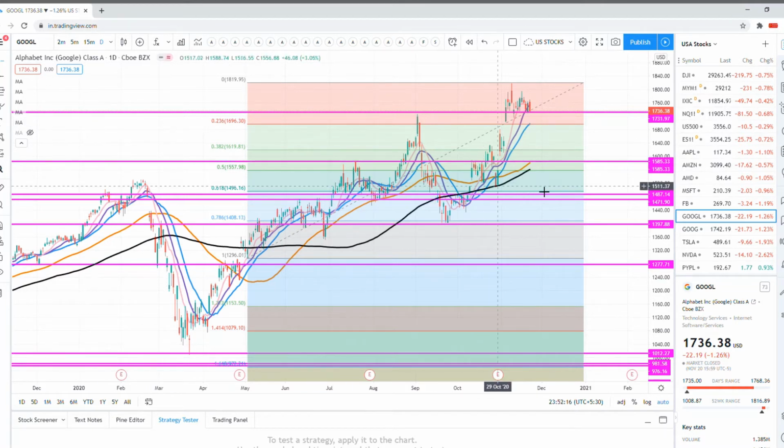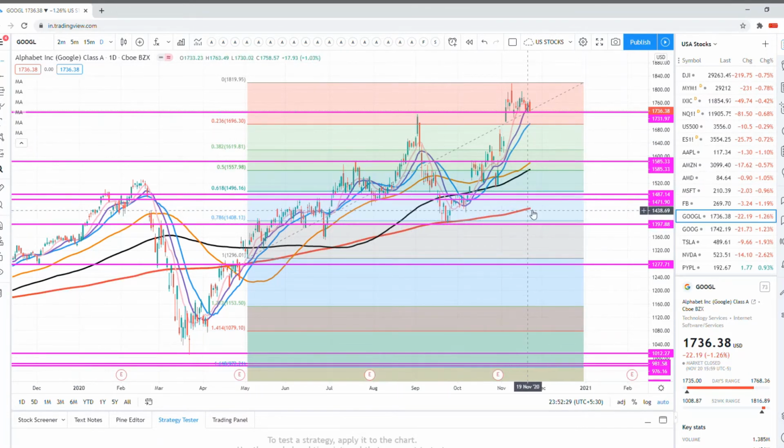And this is the 100-day moving average. So it's near the 50-day moving average. So this support of 1585 is a wonderful support for Google. And the 200-day moving average is just below the buying zone of 1487 or 1471.